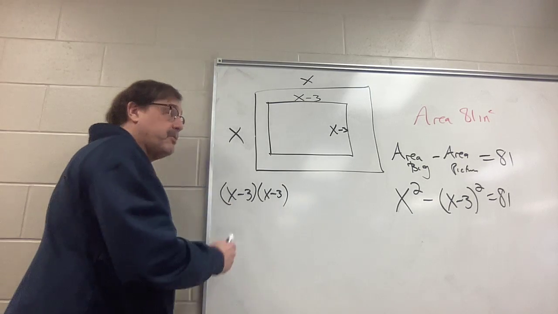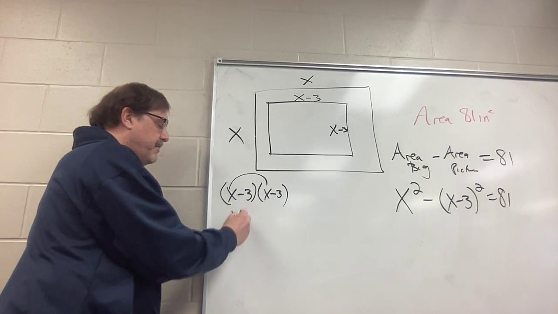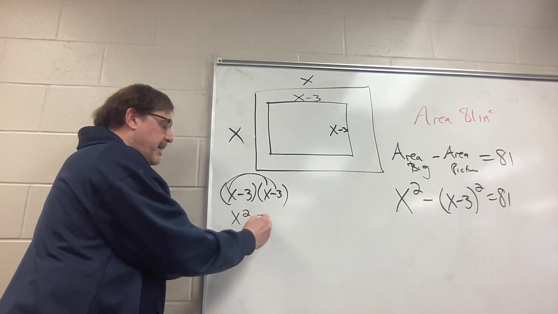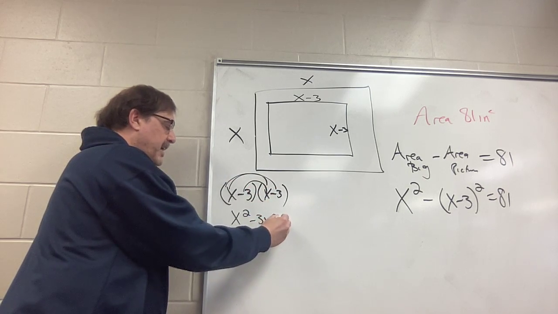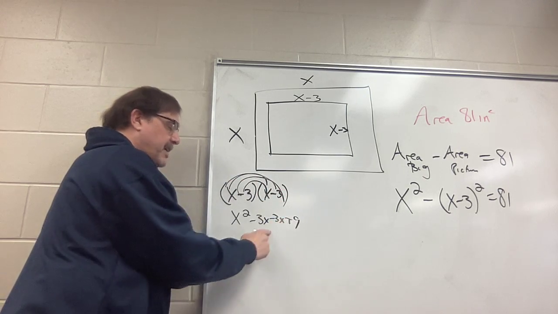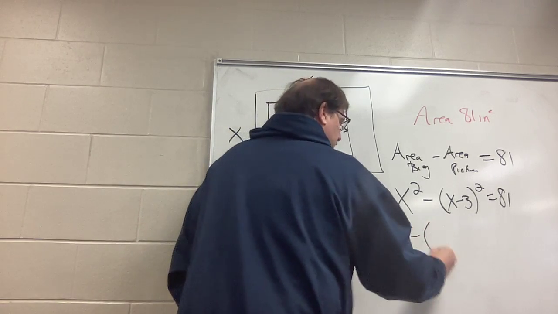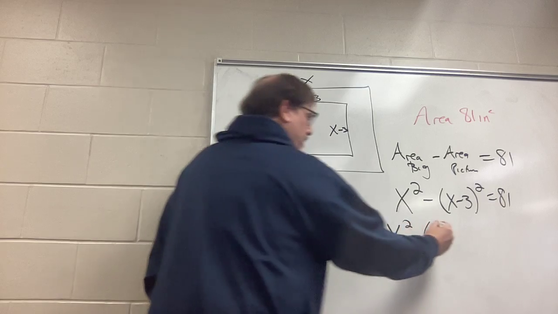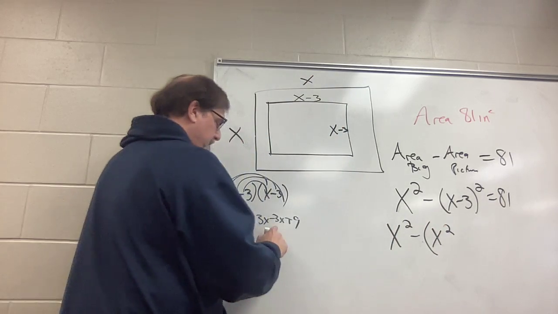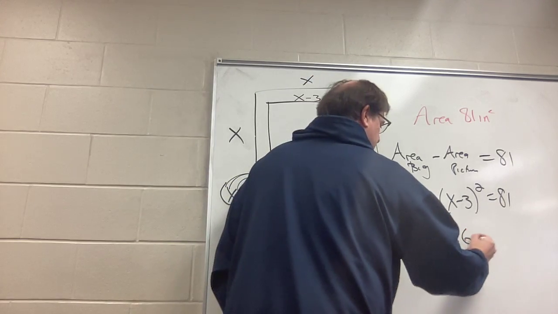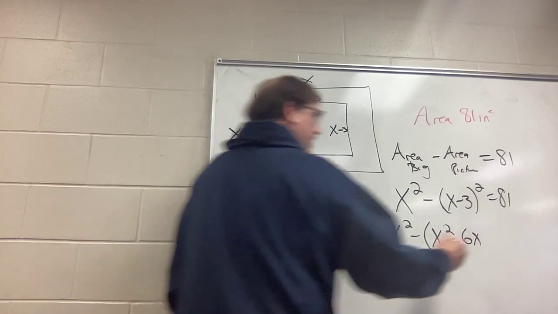X minus 3, you have to go first, outside, inside, last, and that's going to become a 6x. So I've got x squared minus 3x and 3x is minus 6x plus 9.